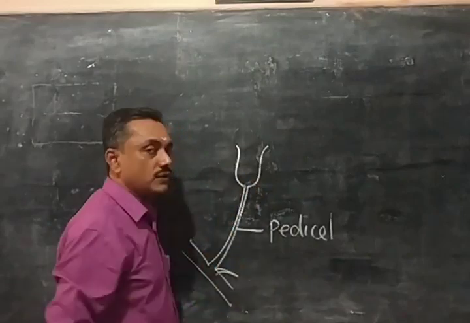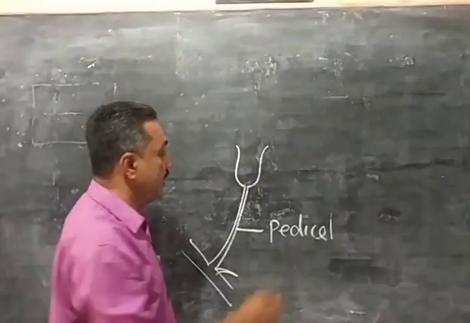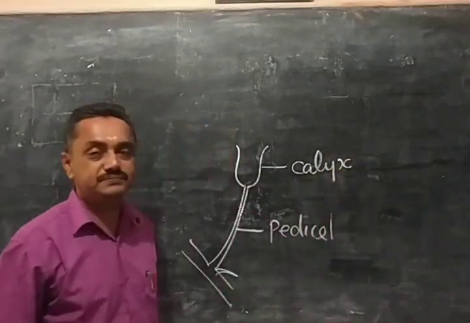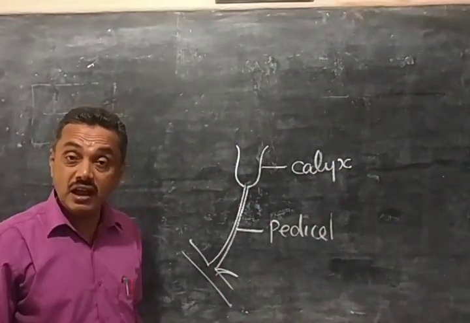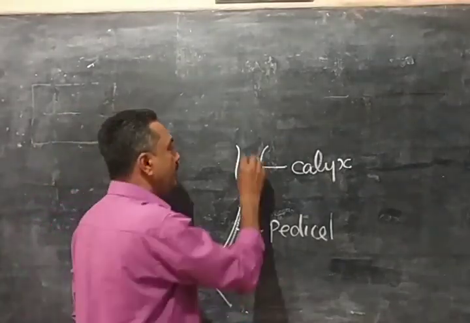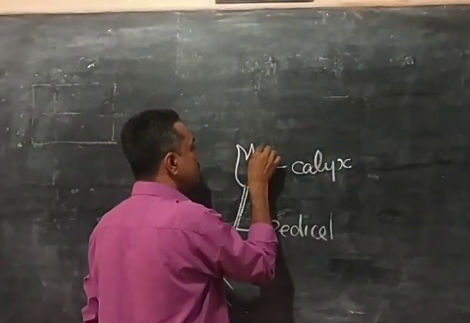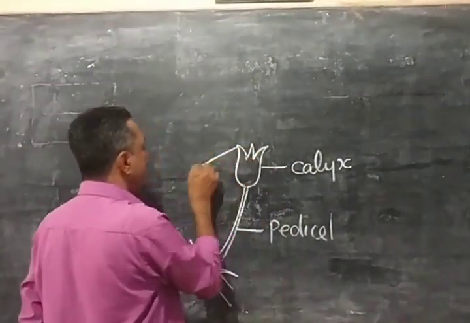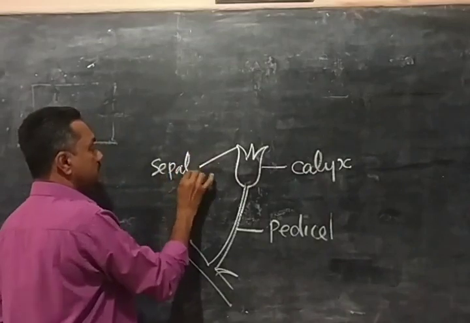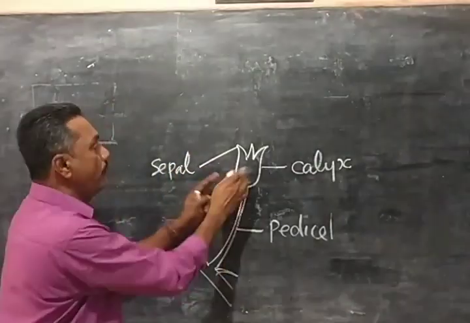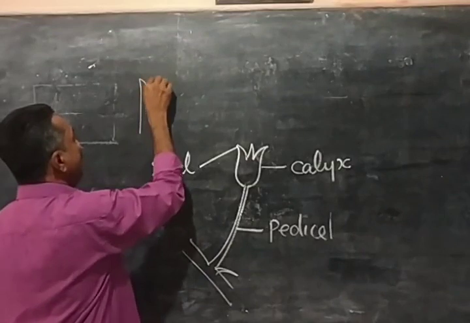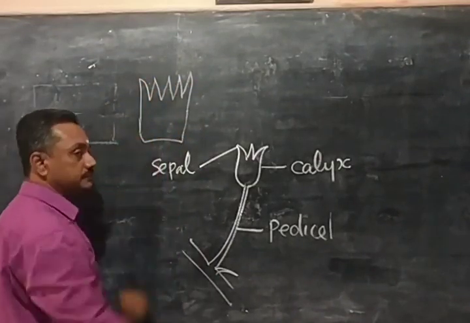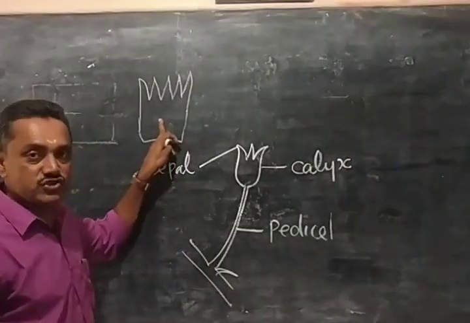This green part of the hibiscus flower is called calyx. And you can see structures like this, 5 structures. And this one part is called a sepal. If you open that, you can see structures like that, 1, 2, 3, 4, 5 structures. This is totally called a calyx.